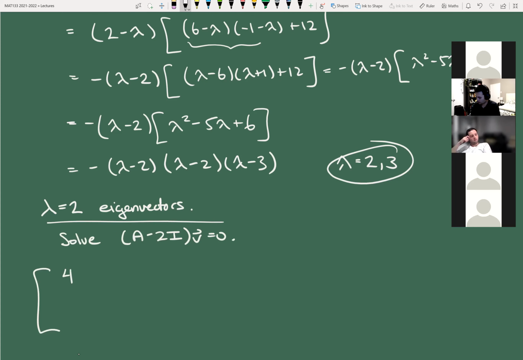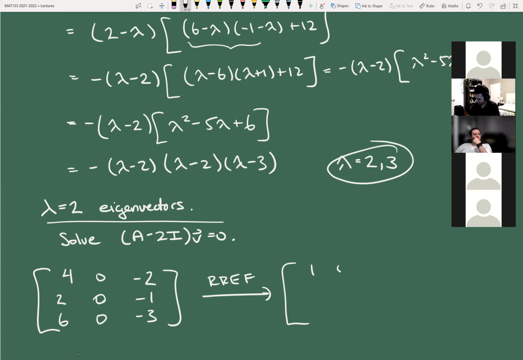That's going to be 4, 0, -2, 2, 0, -1, 6, 0, -3. And hey, do you see what happens? 1, 0, -0.5, and then everything else is 0. Or I guess here, let me write it as an augmented matrix.